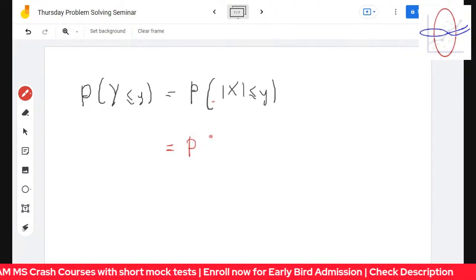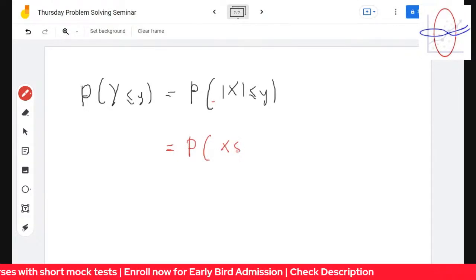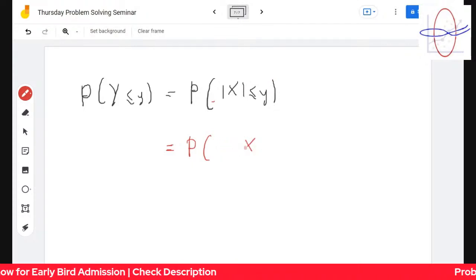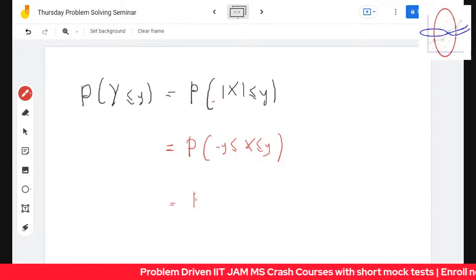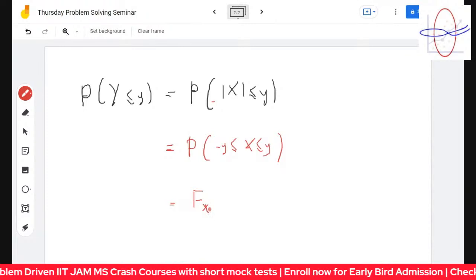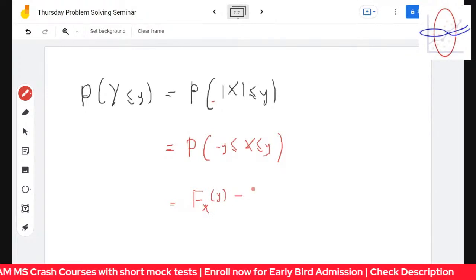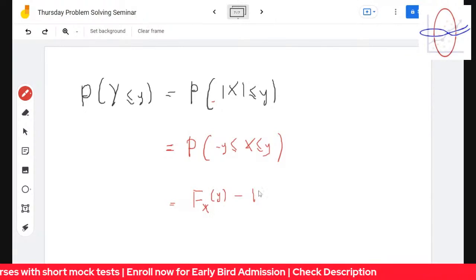And we have the probability of X less than or equal to y. What does it mean? It means the probability of X less than or equal to y and greater than or equal to minus y, right? So we have the information in terms of x now. So this is the CDF of X at y minus the CDF of X at minus y, right?